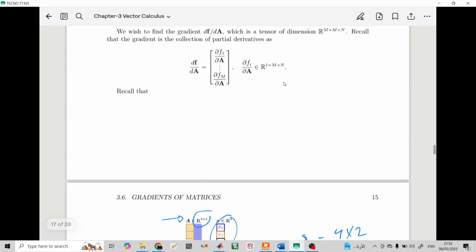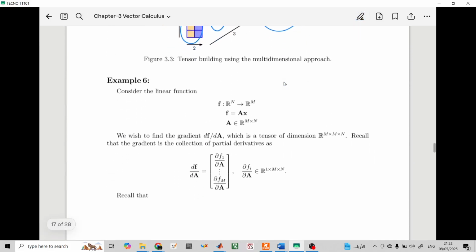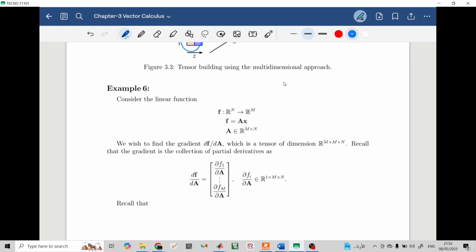Okay, so let's look at a general, important example here. We have this mapping, which is a linear mapping. It takes x from R to the power n to R to the power m. The mapping is simple: x is mapped to A times x, the linear form. Of course, the matrix A belongs to the space R to the power m cross n.